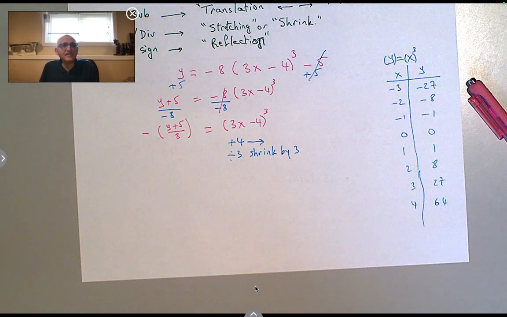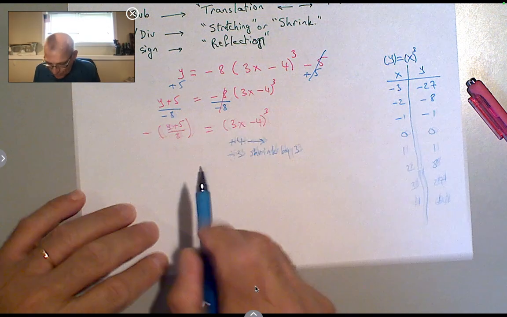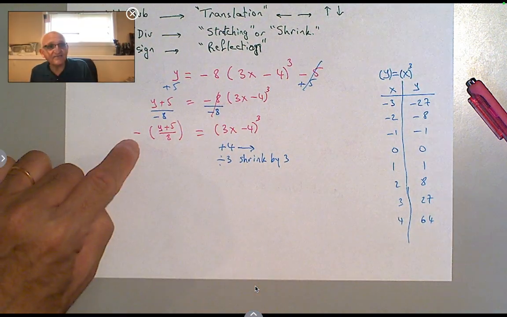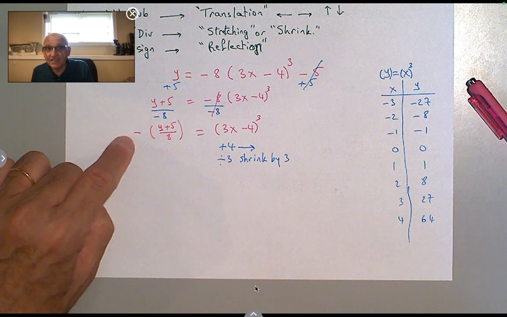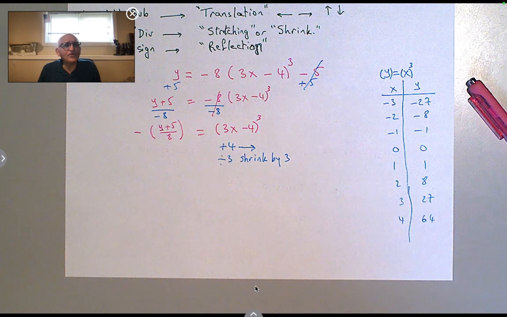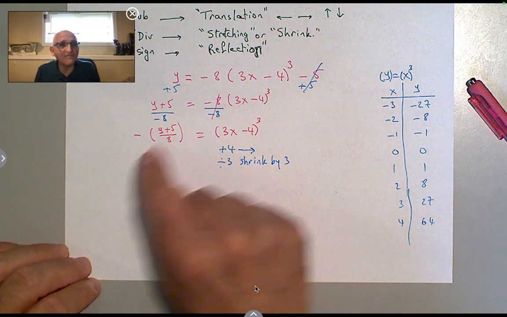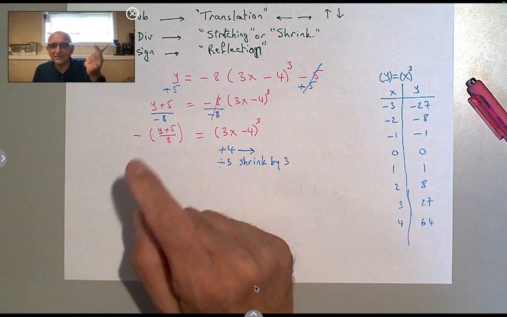I already explained all the transformations in x. When I go to the y and I want to find y, oops, I have a negative sign out. A negative sign, change of sign, means reflection. But reflection over what? If I have the y, it means I'm reflecting over the x. Think about it.